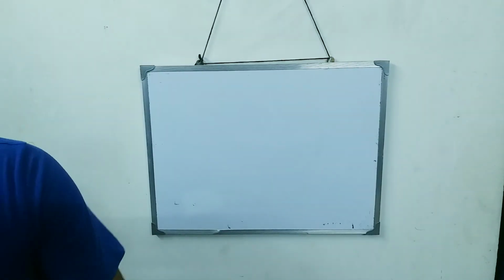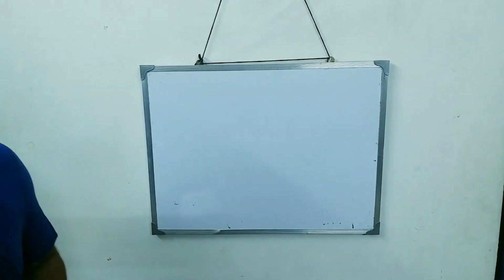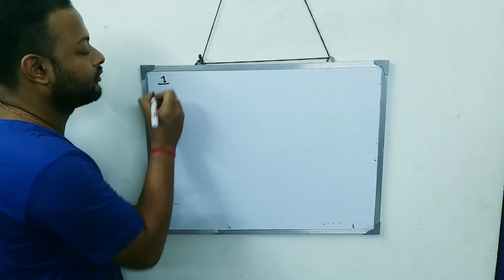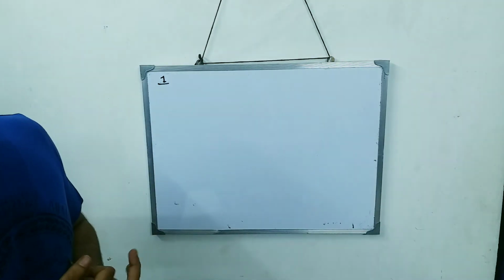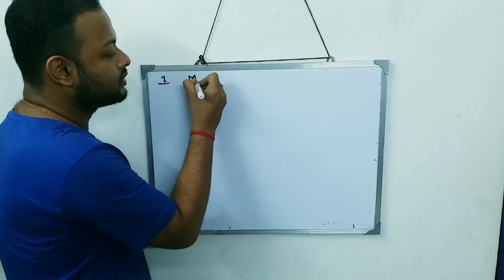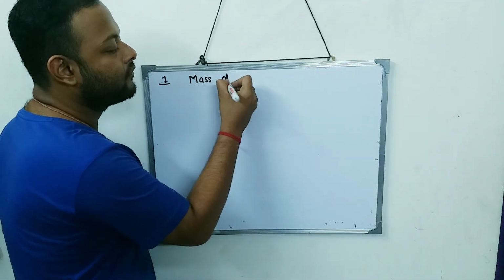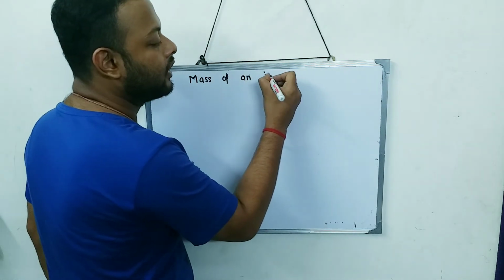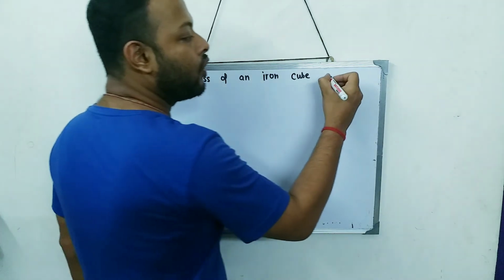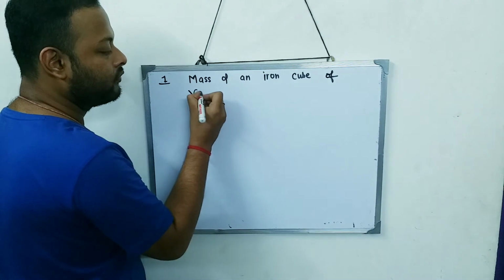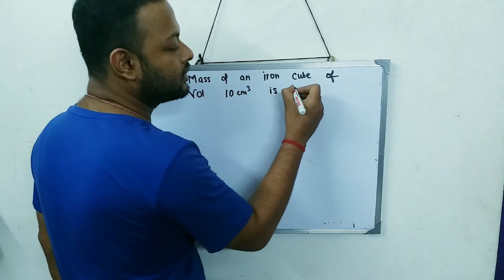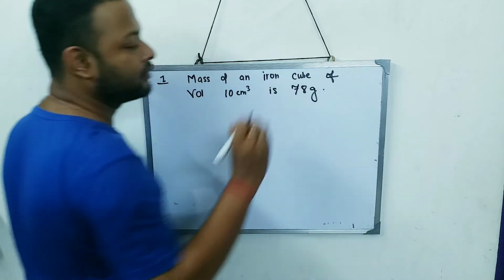Now, say I give you a sum like this. See, mass of an iron cube, of volume 10 centimeter cube is 78 gram.